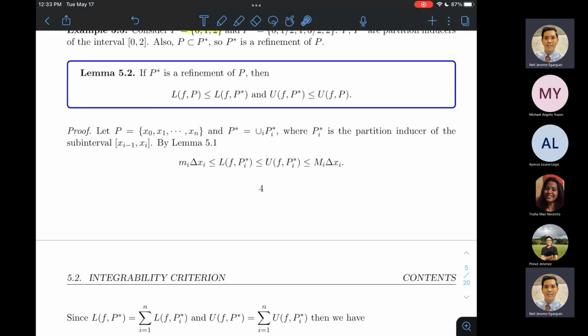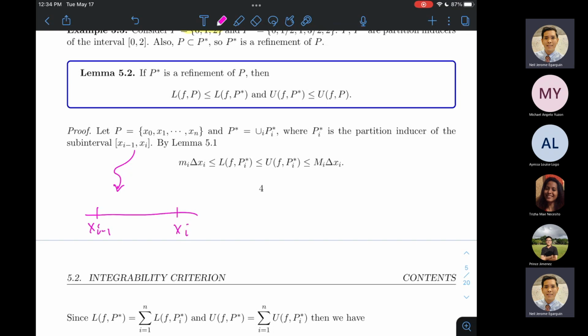So originally, in the original partition inducer, okay, P, meron na tayong mga gantong closed interval, ano? Interval x sub I minus 1 hanggang kay x sub I. Now, para mabuo ko si P sub I star, magko-consider pa ako ng isang partition inducer dito naman. Okay? So, so dito, x sub I minus 1, x sub I.